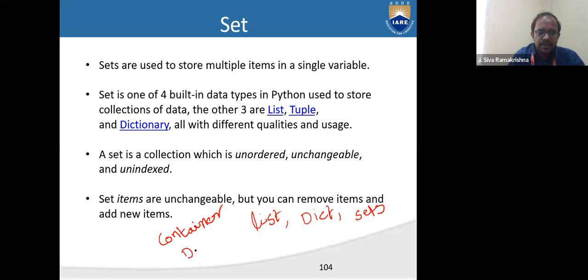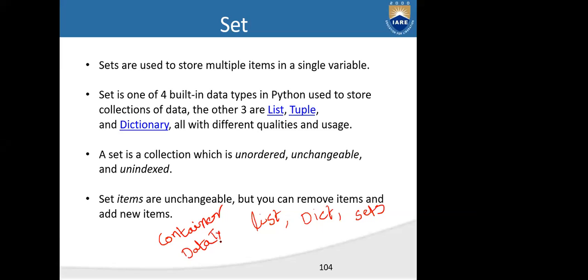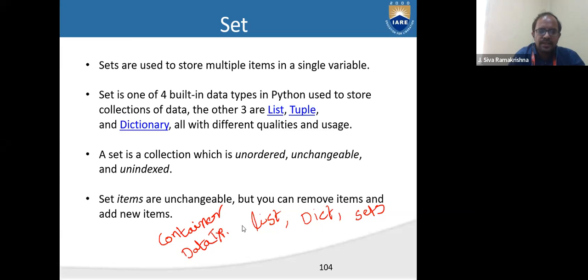Why? Because they are going to store some data. They are going to hold some data, or some data is nothing but values. It may be expressed in terms of the values, or they can be objects, also elements, right?